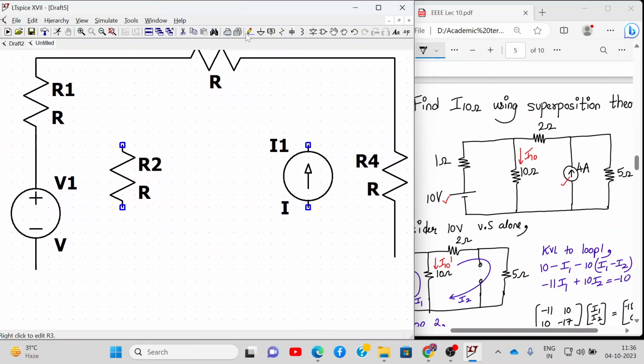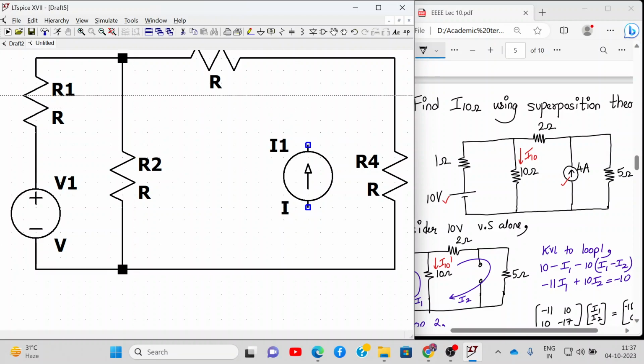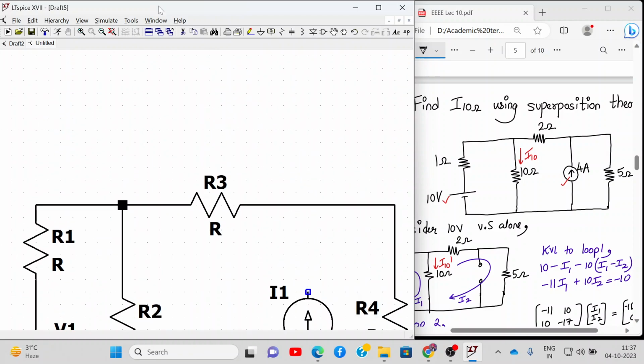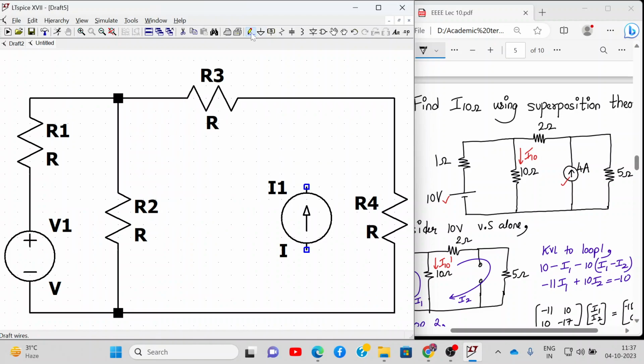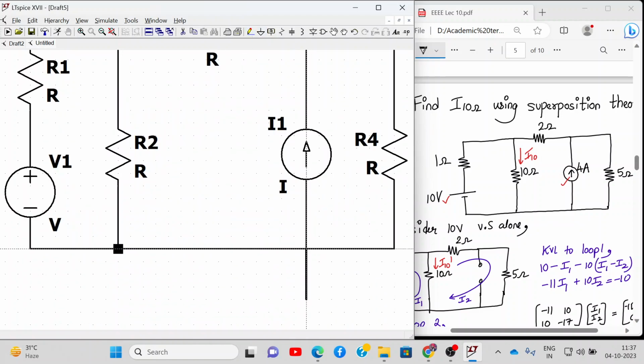Let me connect them via wires, and let me write the proper values over here. Okay, the connections are done. This wire I have to delete because it needs to be connected properly over here.